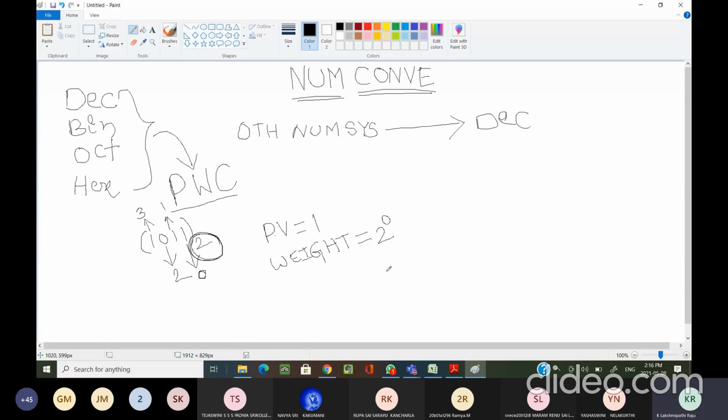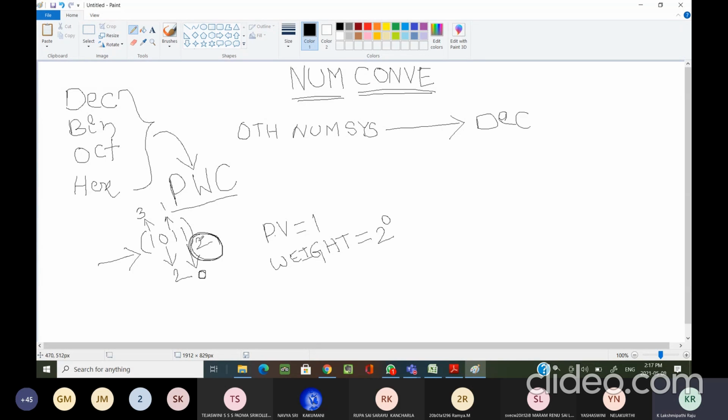Am I clear to everyone? Some people are saying 10 power 0. Please cross check it. Why? Because you have to know which number system we have taken. Here I have considered one binary number as an example, and I have clearly mentioned the base as 2.